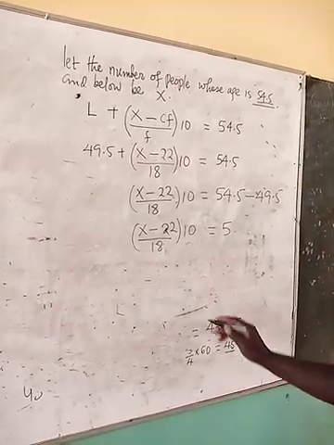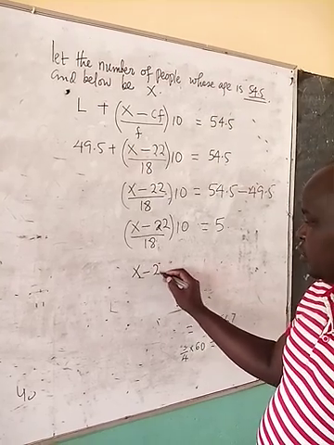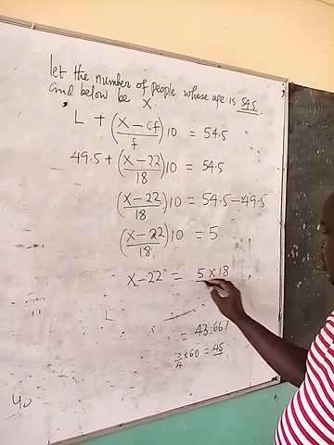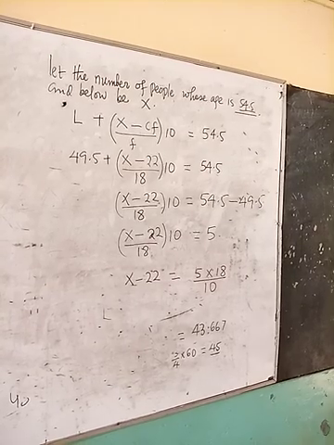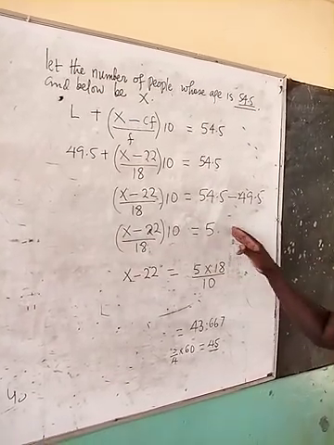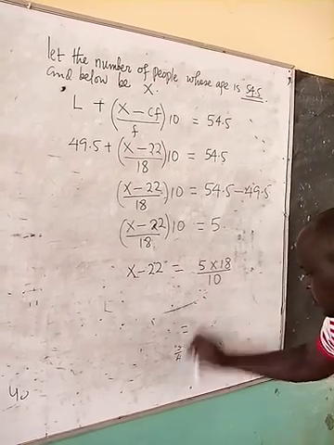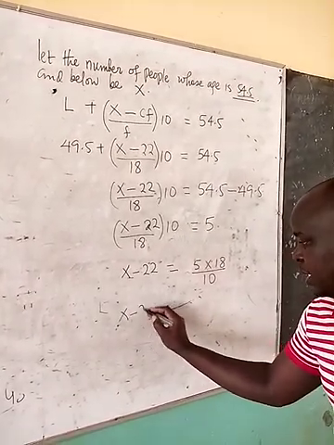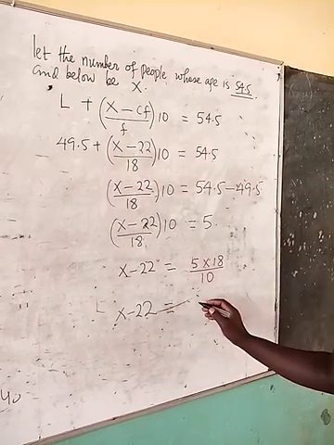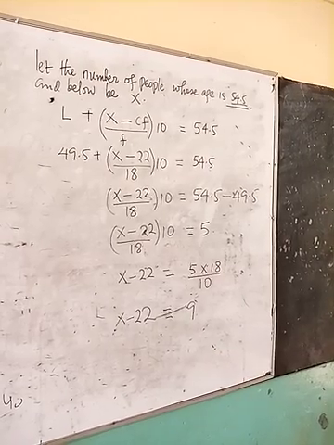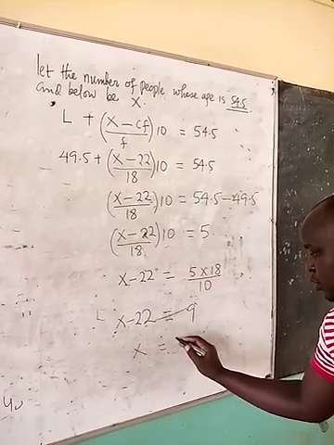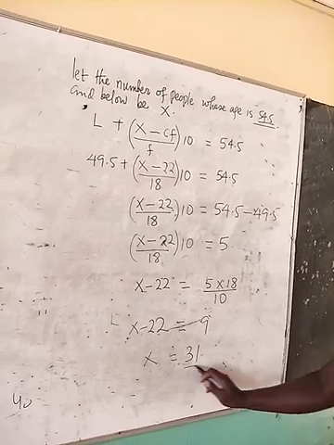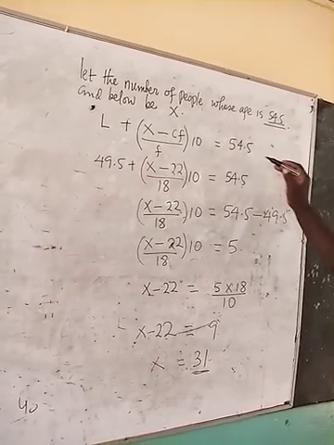When we continue the process of simplification, we shall say that X minus 22 is equal to 5 times 18 divided by 10. You can multiply by 18 divided by 10 on both sides. You continue, X minus 22 is equal to, if you simplify that, you get 9. X is equal to 31 when you add 22 on both sides. So there are 31 people whose age is 54.5 and below.